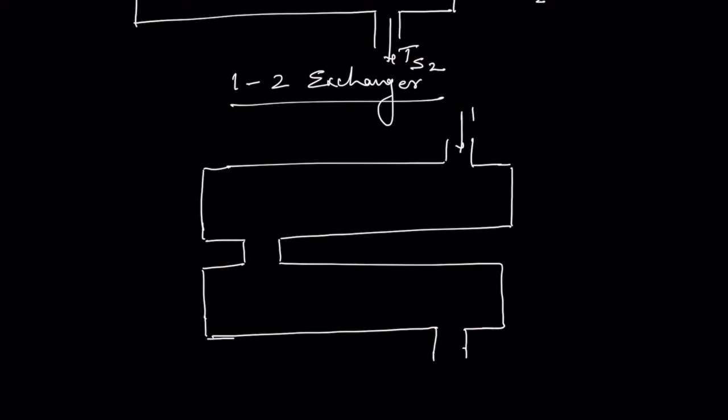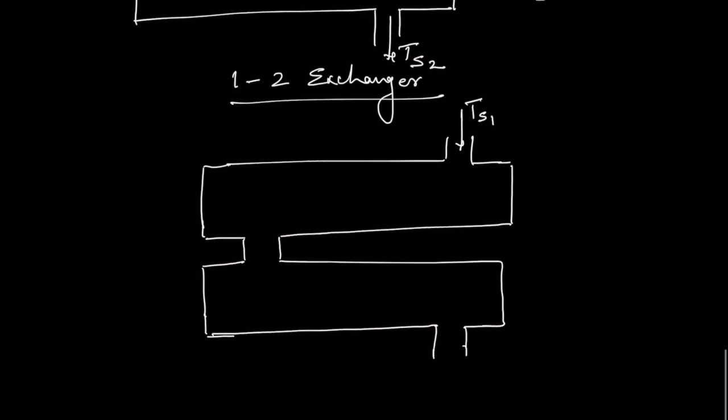Suppose the temperature of the shell at entrance 1 is here and exit is here, T2, so you can clearly see, and let me draw with a different color. So fluid will go like this one time, then like this the second time. So this is the shell in green color. Shell pass, left to right and right to left. So two shell passes.